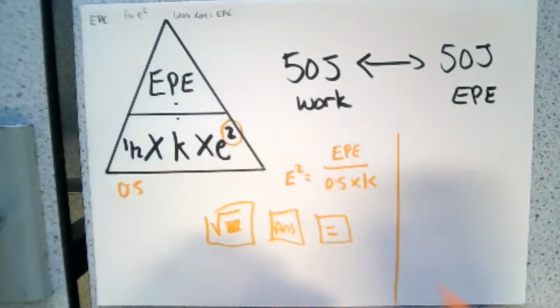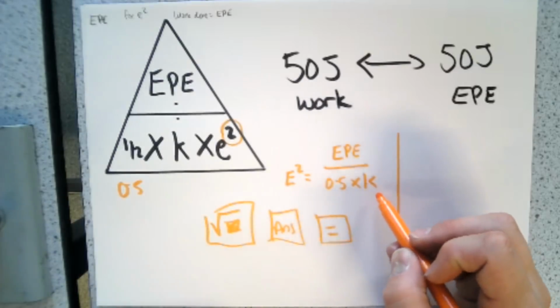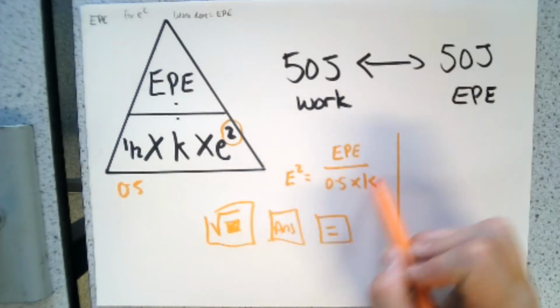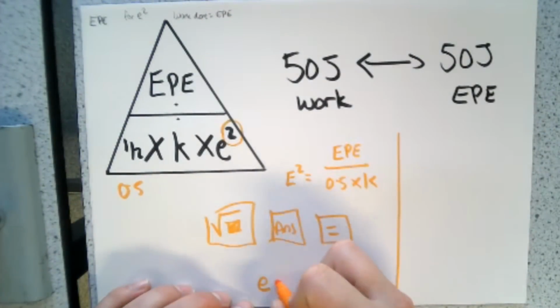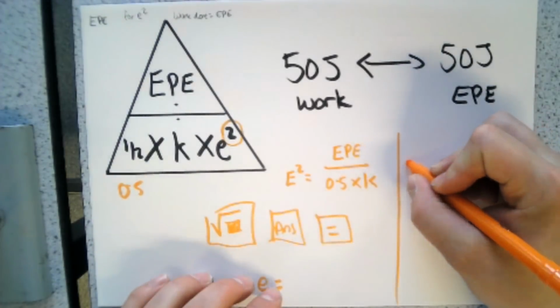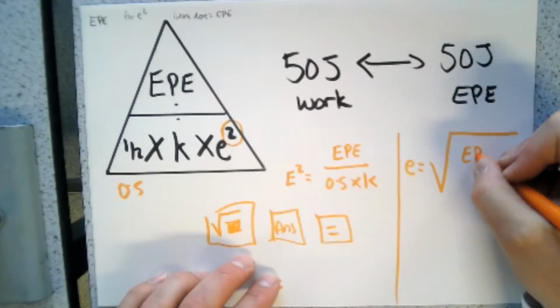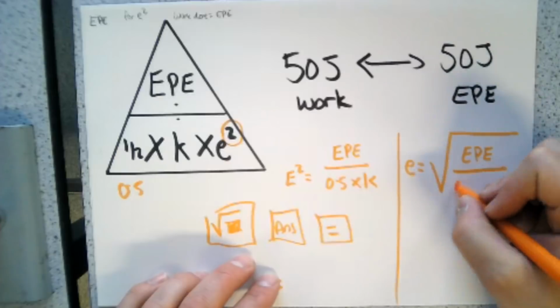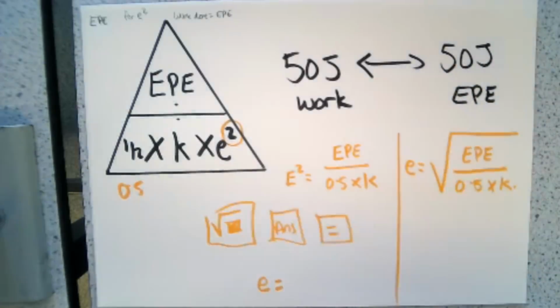So you rearrange your triangle, do EPE divided by 0.5 times K, then do the square root of your answer, and that will give you the extension. Your other option is to do it all in one go. So to work out extension, it would be the square root of EPE divided by 0.5 times K.